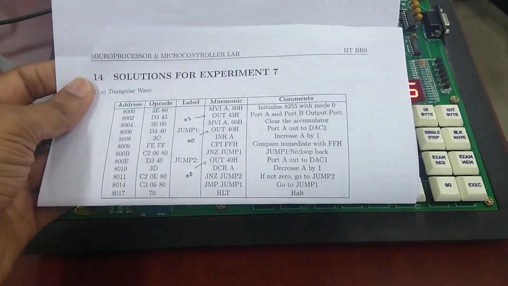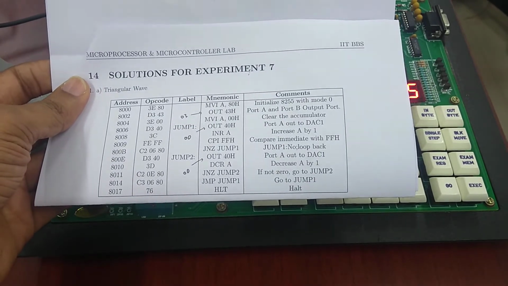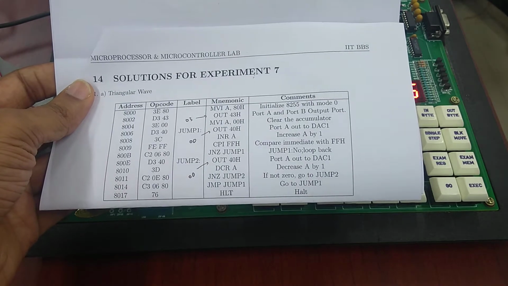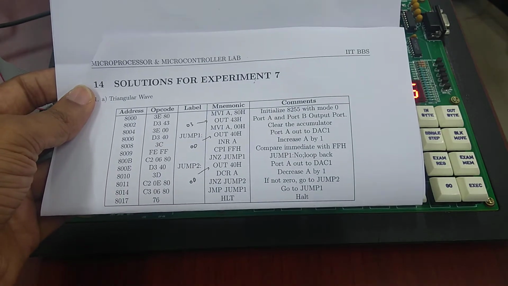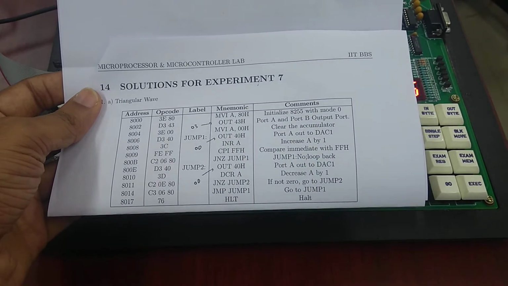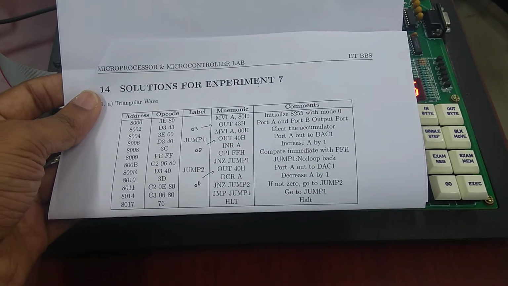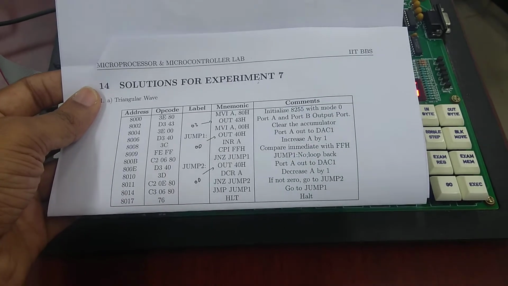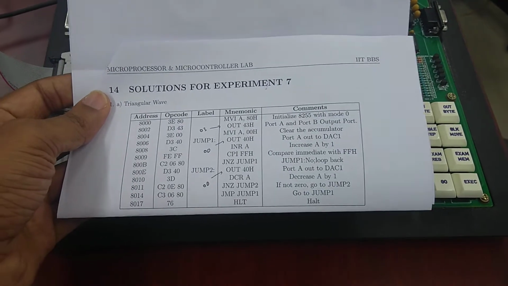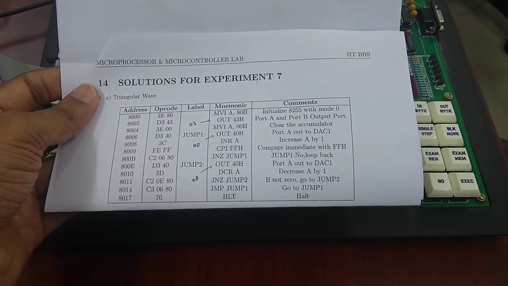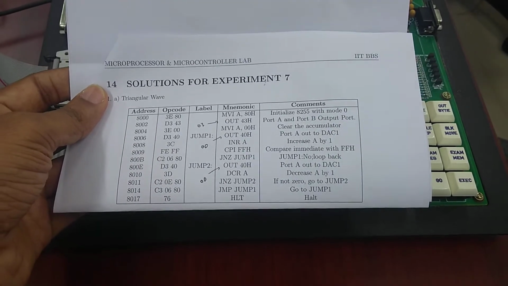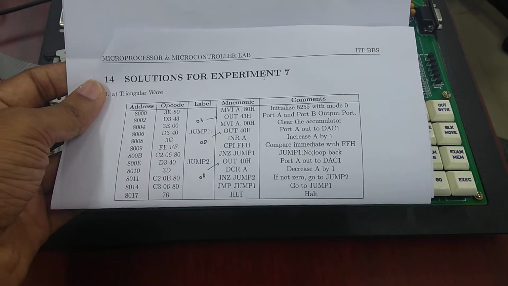Also, if you observe, the line at 8006, which is OUT 40H, and the line at 800E, OUT 40H, represent that the values from the program are kept on port A as output.